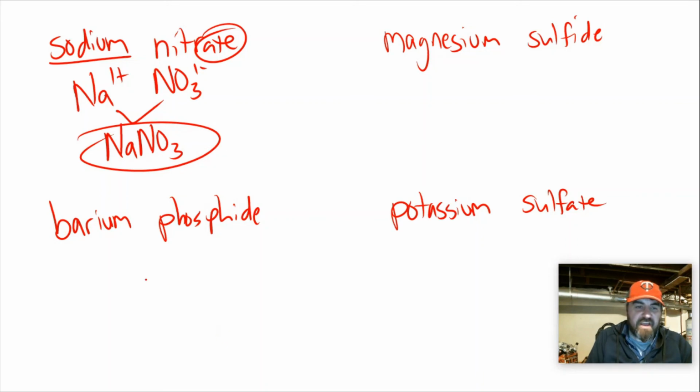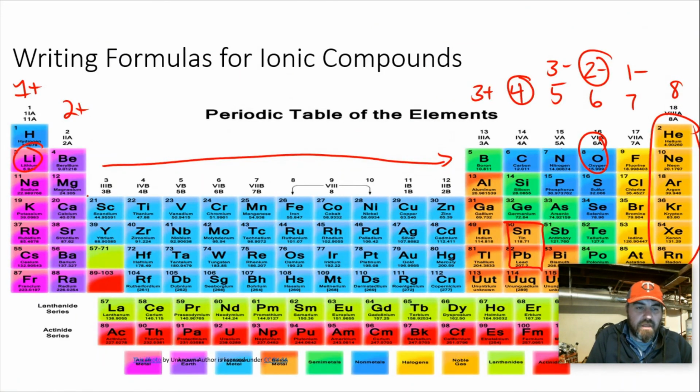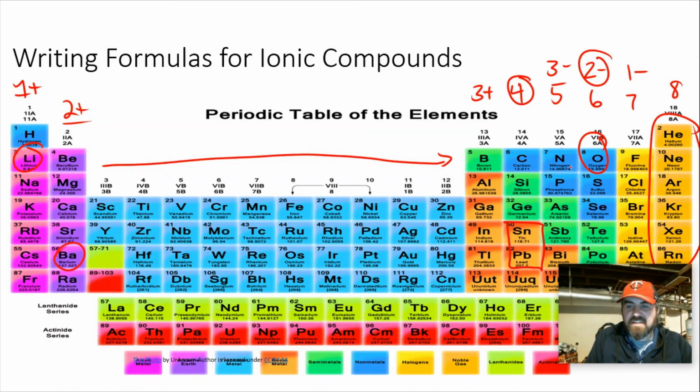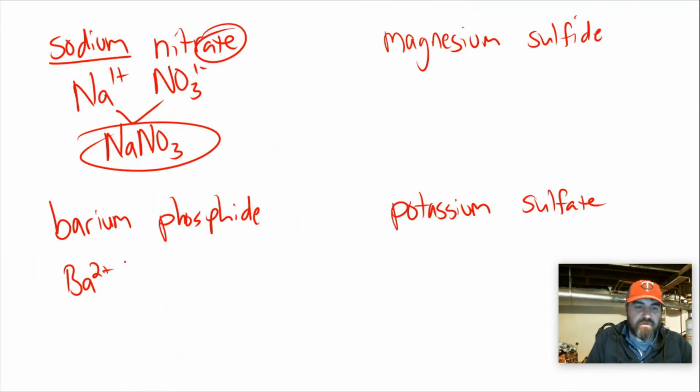Barium phosphide. Barium, we look it up. Barium is positive 2. If you don't believe me, barium's right here in group 2, so it's positive 2. Phosphide ends in IDE, so it's phosphorus. Phosphorus is in the negative 3 group. So we write Ba plus 2, P negative 3.